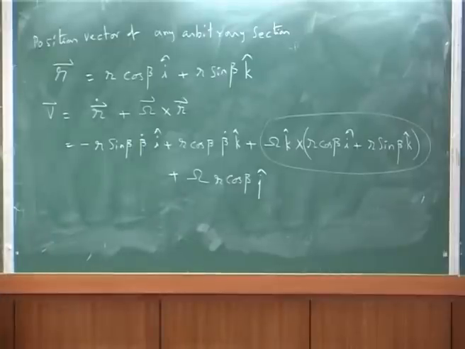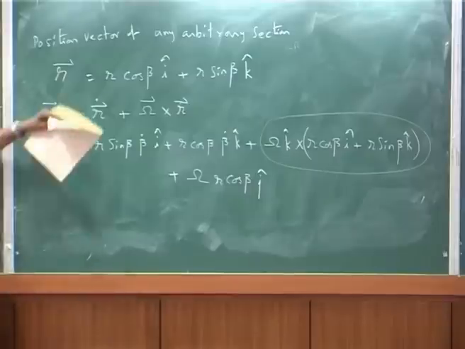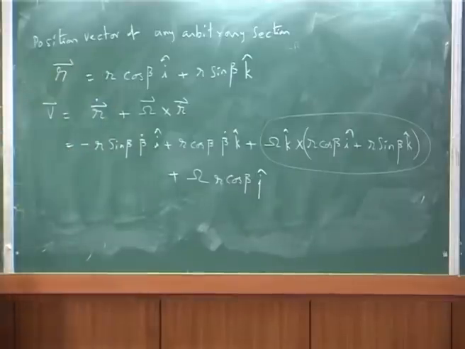Then I go and get the acceleration of the same point. If you want acceleration directly, when I say acceleration, it is the absolute acceleration of a mass point which is attached to the blade, which is rotating.